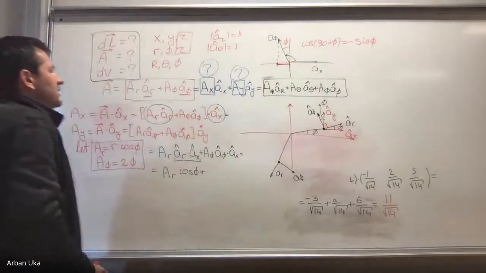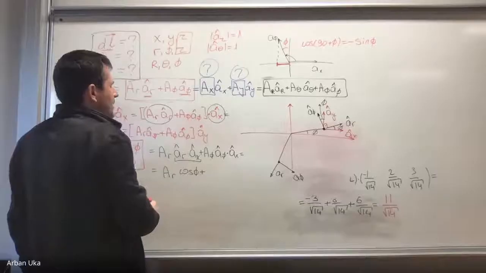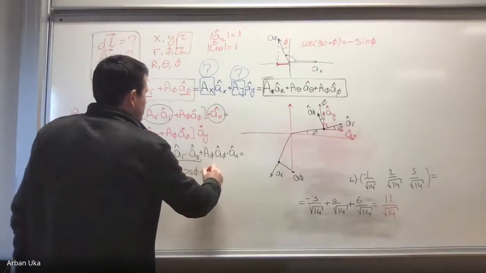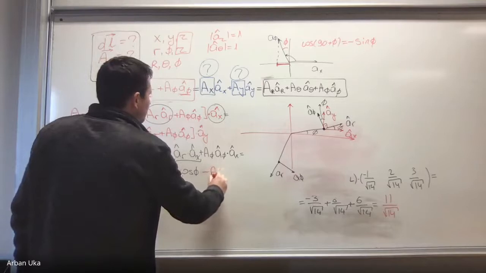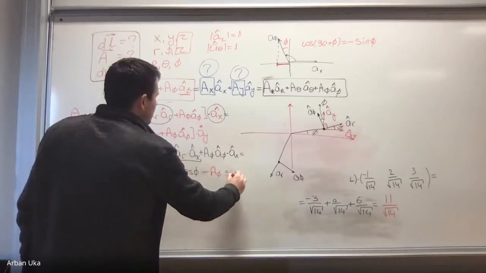So we get the minus sign here, and this is minus A phi times sine phi.